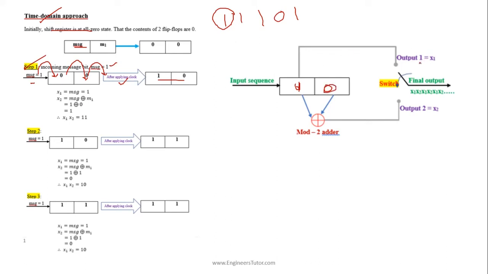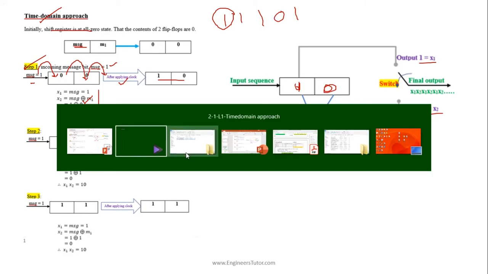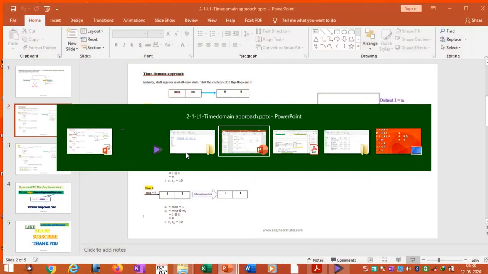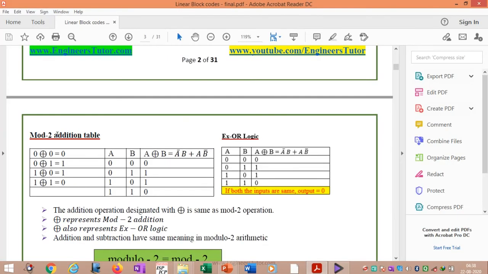We can find x1 and x2 using these formulas, because from the diagram x1 is equal to msg, and x2 is equal to msg plus m2. This is modulo 2 addition. The rules for modulo 2 addition are given here: 0 plus 0 is 0, 0 plus 1 is 1, 1 plus 0 is 1, 1 plus 1 becomes 0.